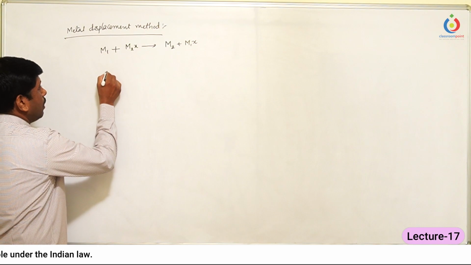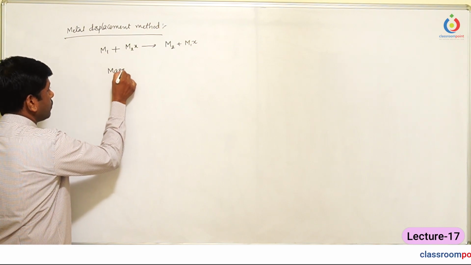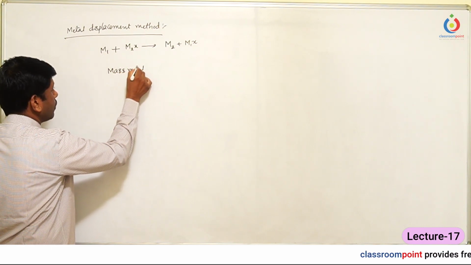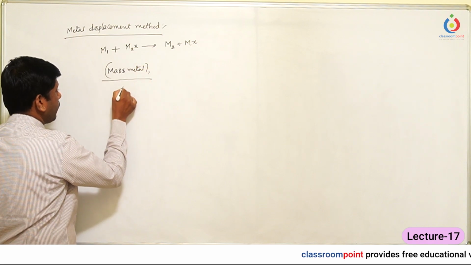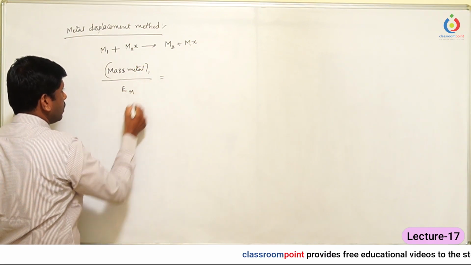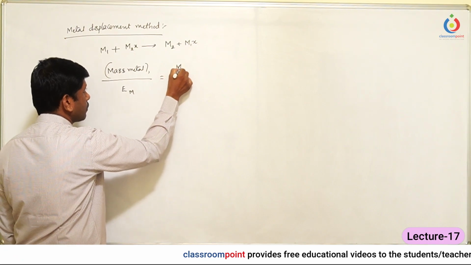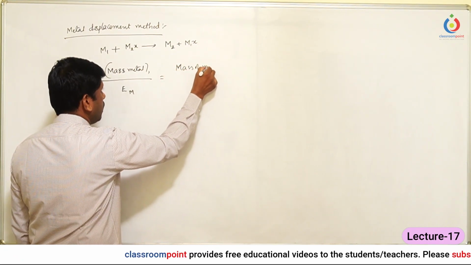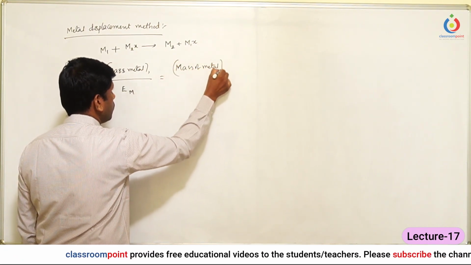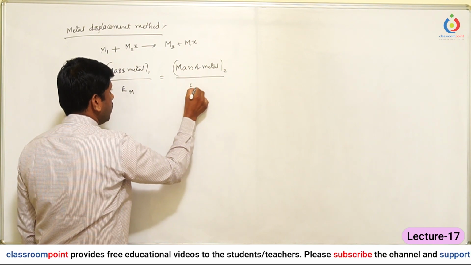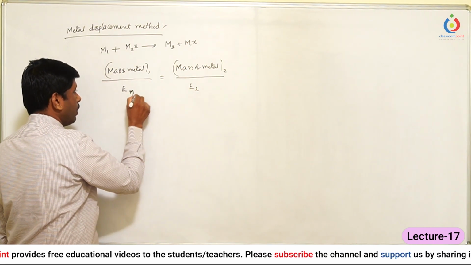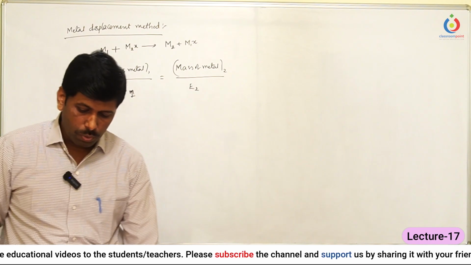Mass of metal 1 divided by its equivalent mass is equal to mass of metal 2 divided by its equivalent mass. So we shall solve one question here.